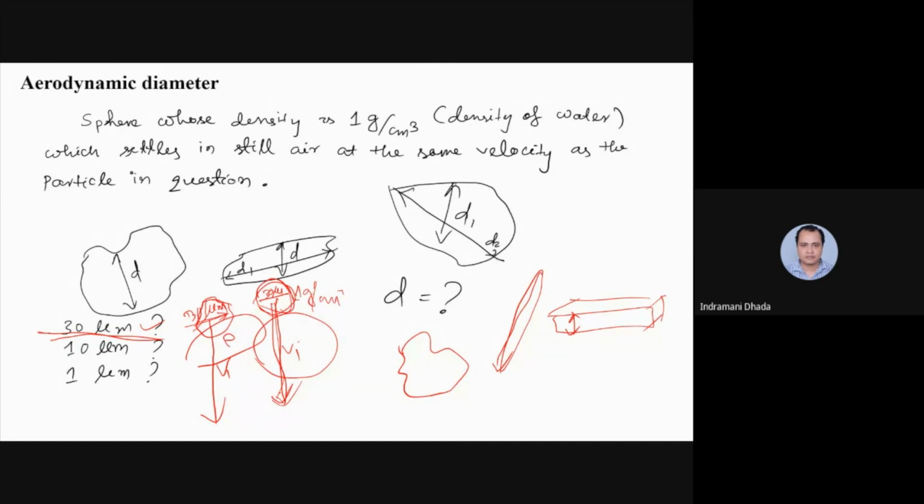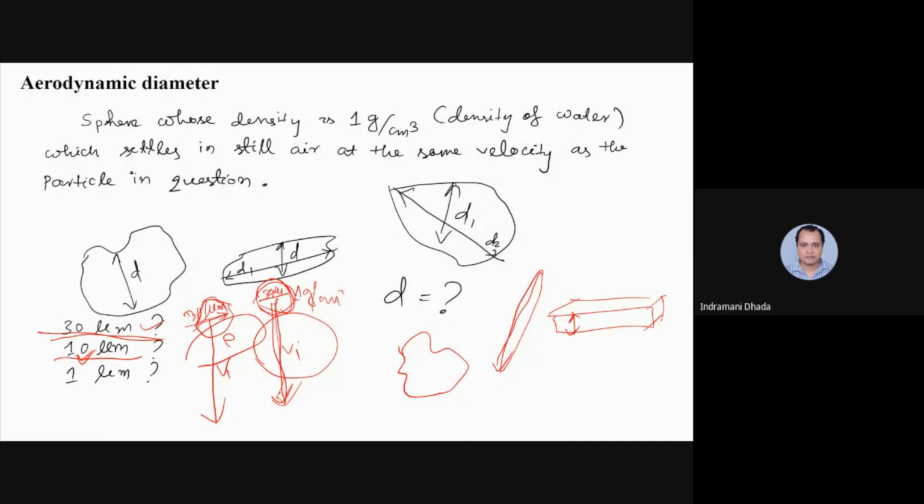So when I'm talking about 10 micrometer, suppose, that means this is the particle which is falling at the same velocity as a particle which is a sphere of 10 micrometer diameter having the density of 1 gram per cm cube. Whatever the velocity of that particle is, it is the same as the velocity of the particle we are talking about.